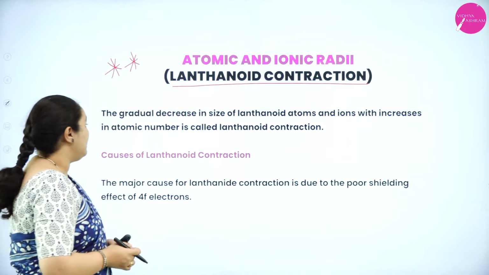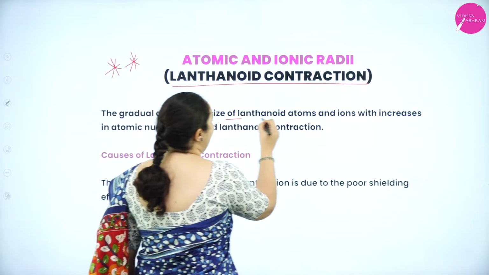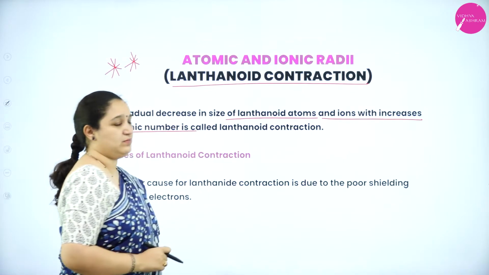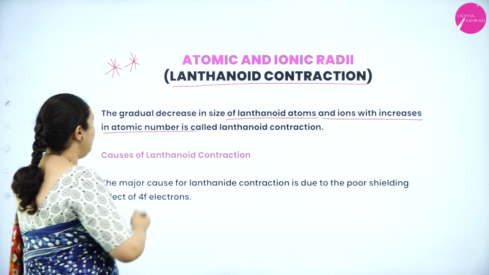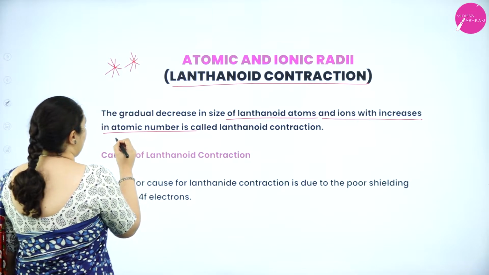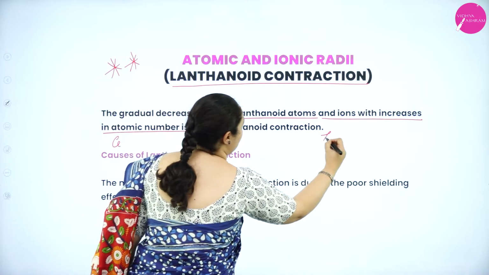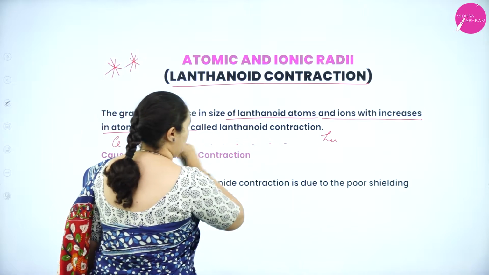We'll understand. The gradual decrease in size of lanthanoid atoms and ions with the increase in atomic number is called lanthanoid contraction. So we have, from cerium to lutetium, all the elements, 14 elements.